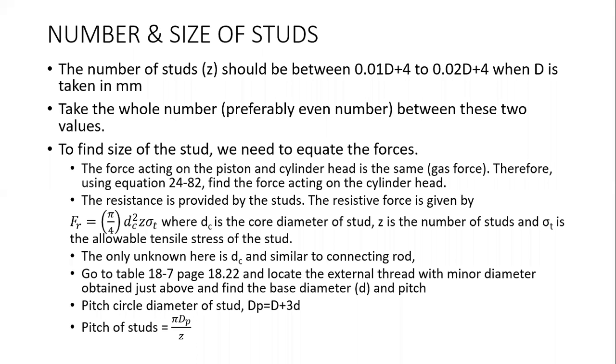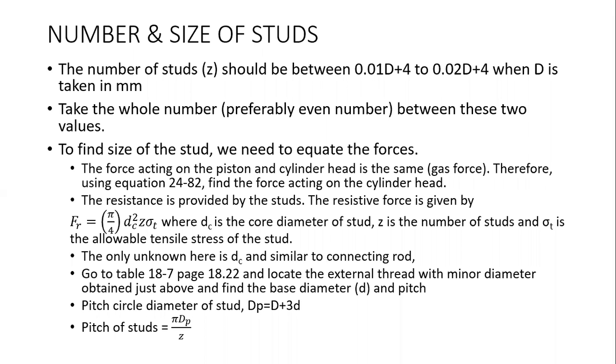Usually here we go with 12.9 or 10.9 grades, so the tensile stress will be very high. Usually the value will be given. If the value is not given, take it as maybe 10.9. So 10.9 means 1000 MPa ultimate tensile stress and 90% of that is the proof stress, which means 900. You can take 900 MPa as the condition, and based on that you can calculate the Dc.